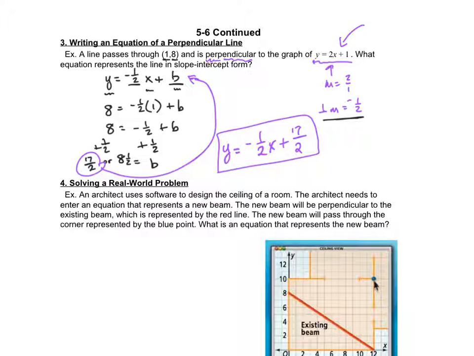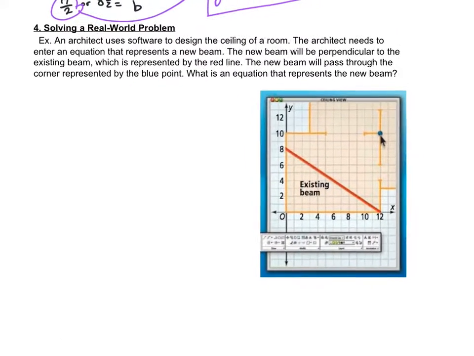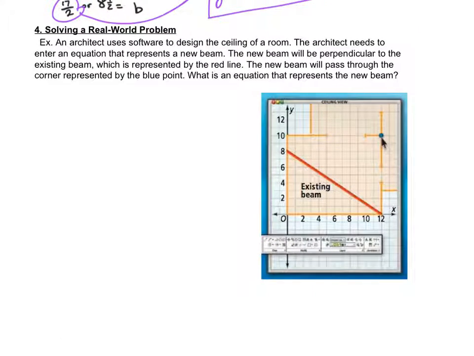And let's see here. Next, solving a real-world problem. An architect uses software to design the ceiling of a room, and the architect needs to enter an equation that represents a new beam, and this new beam will be perpendicular to the existing beam, which is represented by the red line.